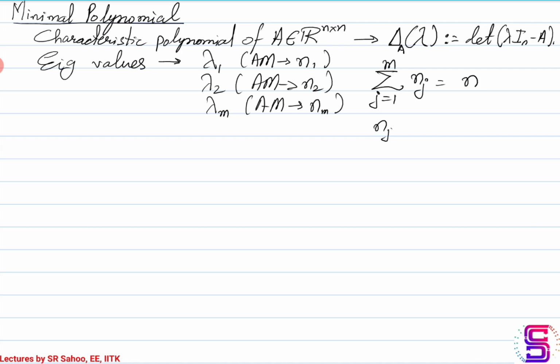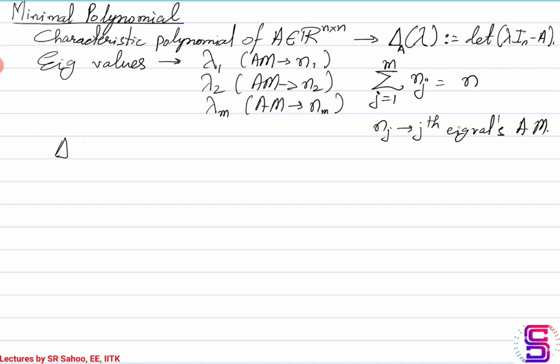Here nj is basically the algebraic multiplicity of the jth eigenvalue.